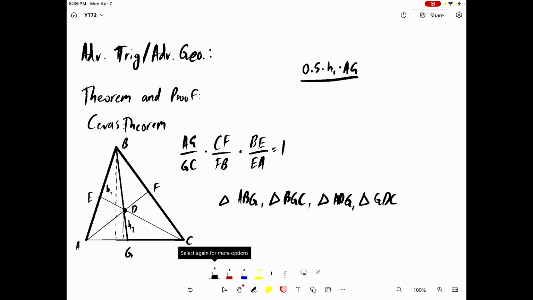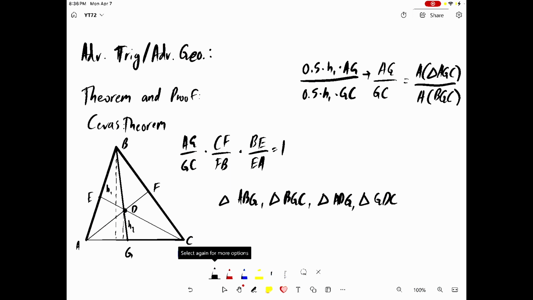Now, if we divide it by the area of the other triangle, which is 0.5 times H1 times GC, because it's different, this becomes the ratio of the areas. So AG over GC is equal to the area of triangle ABG divided by the area of triangle BGC.